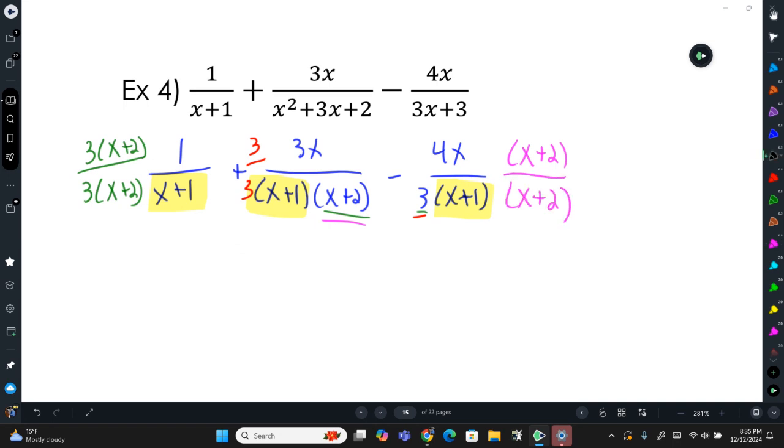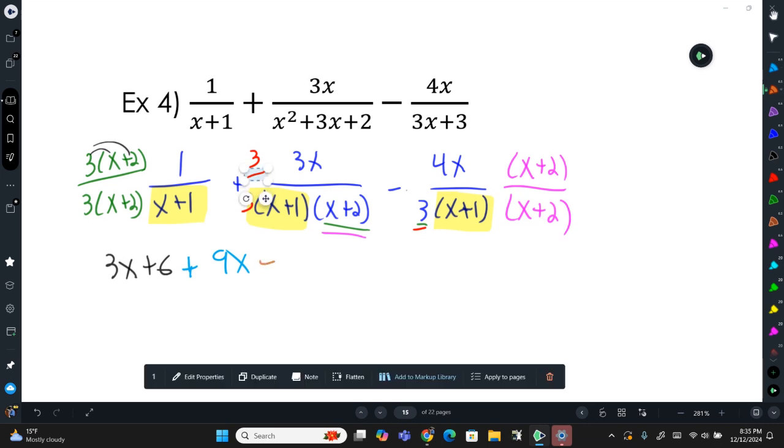Okay, so the first one, 3 times x plus 2, distribute the 3. We get 3x plus 6 times 1, so that doesn't change anything. Plus 3 times 3x is 9x. Minus 4x times x plus 2 all over our common denominator.